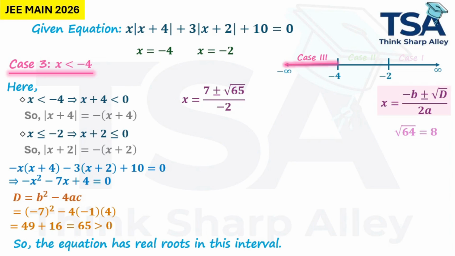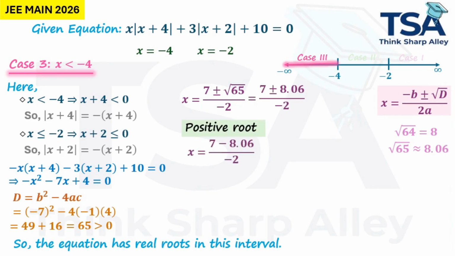So the square root of 65 is roughly 8.06. Let's test our two roots with this estimate. First, the positive root is (7 minus 8.06) by minus 2, which gives us 1.06 by 2, which simplifies to a positive decimal around 0.53.